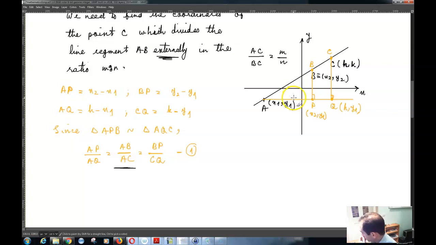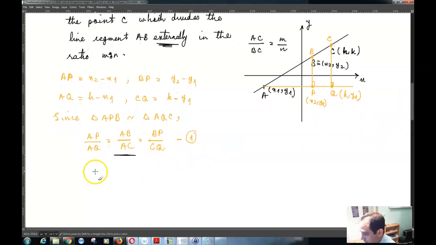We know that AC to BC was equal to M to N. That was a given in this example.